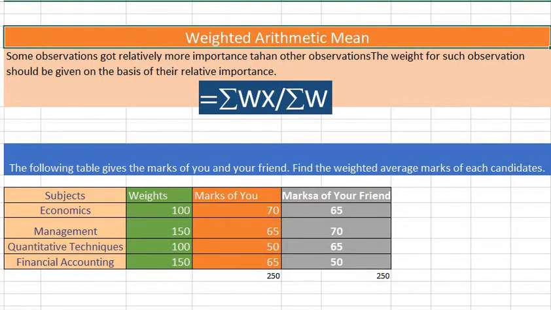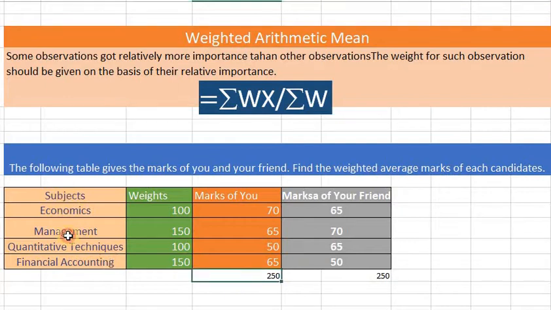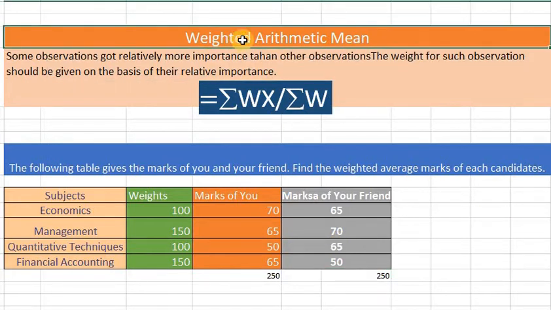If we consider the simple average, then total marks divided by number of subjects, that is 4. So 250 divided by 4, again here 250 divided by 4. The simple average may be the same in both cases, but our weighted arithmetic mean will differ.